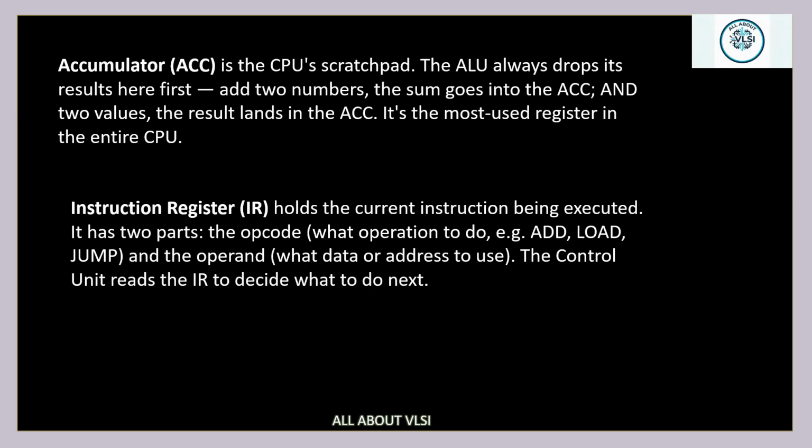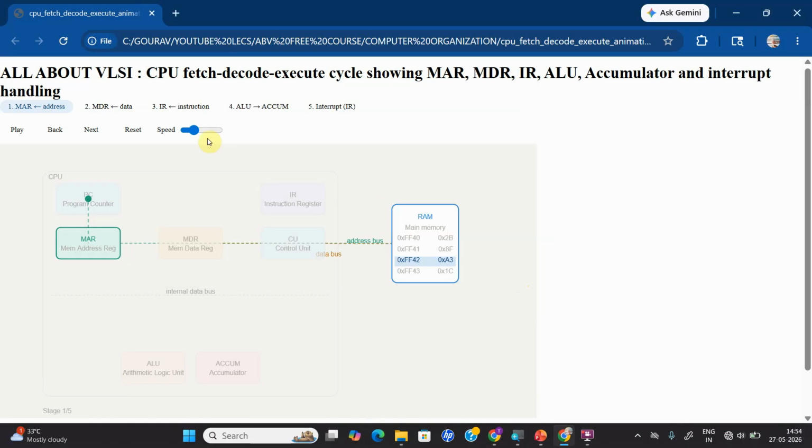Next we have other kinds of registers. One of those registers is the accumulator. With the help of the animation, let's try to understand where the accumulator is and what it is doing.